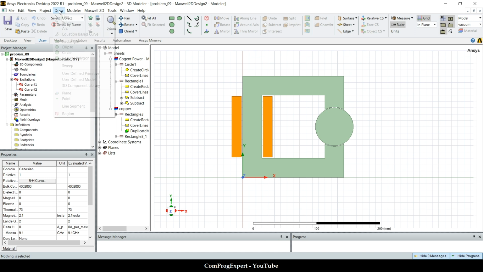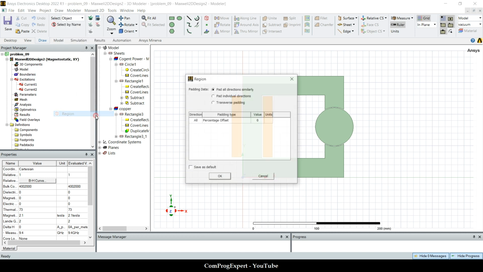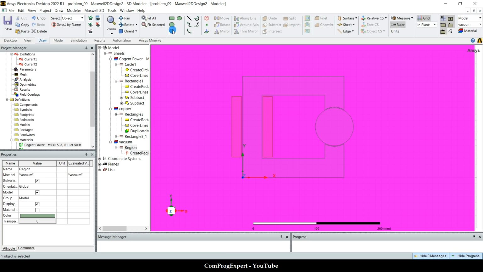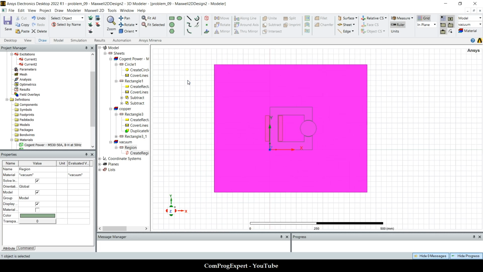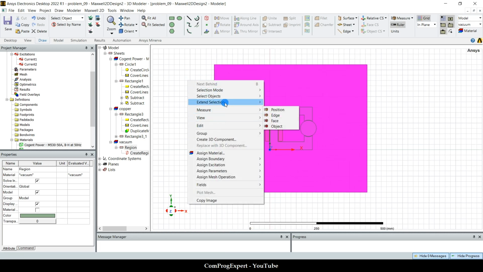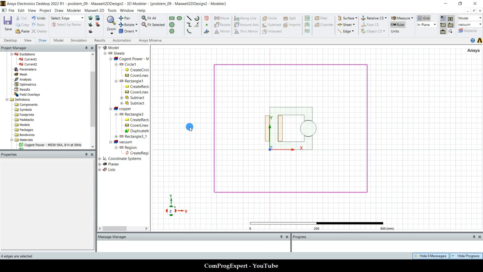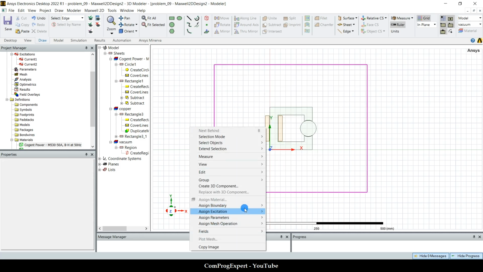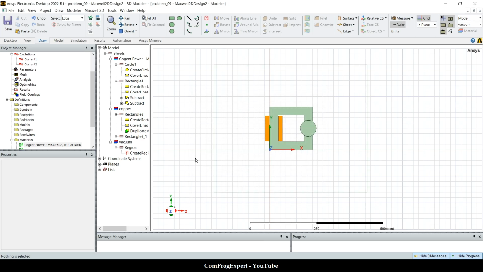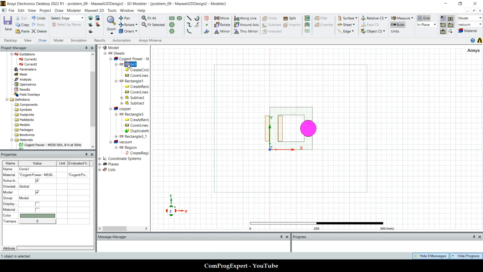So now let's draw the region offset equal to 100%. And from here, let's select this edge to apply boundary condition, zero vector potential boundary condition. This is the rotor. Let's change the names. Rotor.